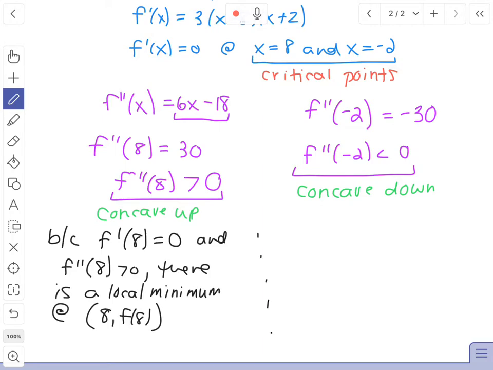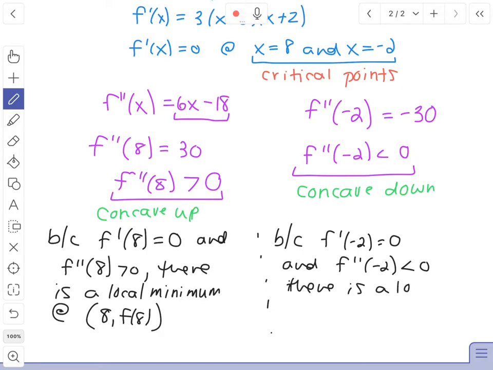And then our second conclusion, we also have to, again, in our work state that we've met all the conditions. So because we have a critical point, in other words, because the first derivative was equal to 0, and the second derivative at that point was less than 0, so the overall shape around that point, x equals -2, was concave down, then we know there is a local maximum at -2, and then whatever its output value would be there.